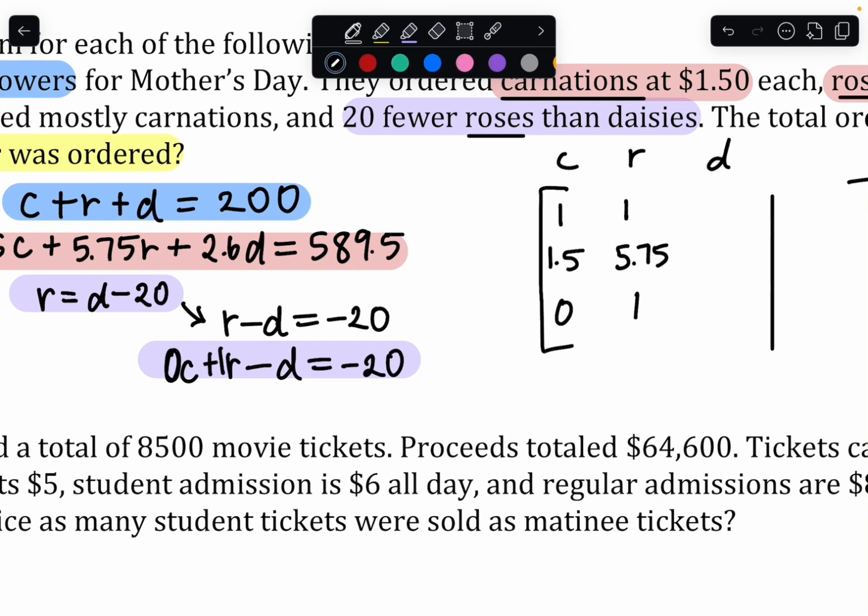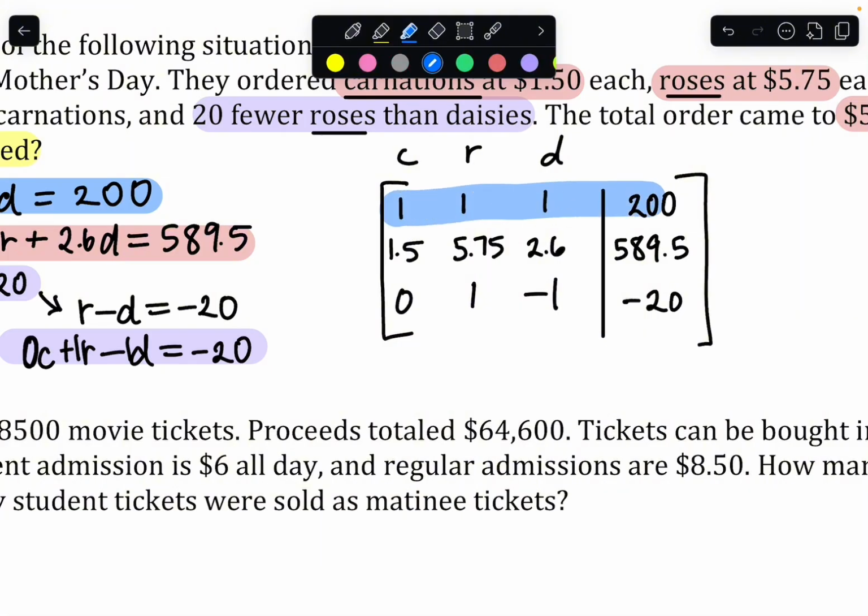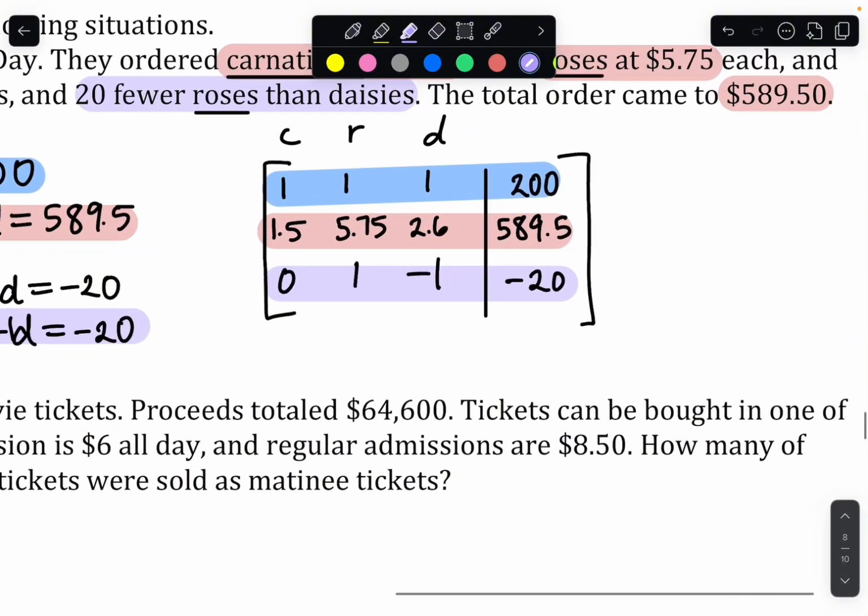For the D column, I have 1, 2.6, and then -1 from the last equation. And for the constants, I have 200, 589.5, and then -20. This is the blue equation. This is the red equation. This is the purple equation.